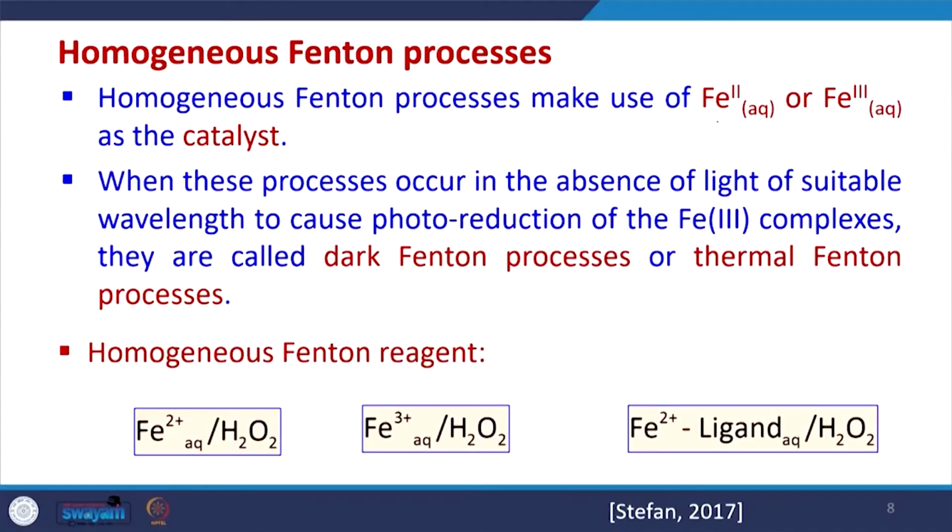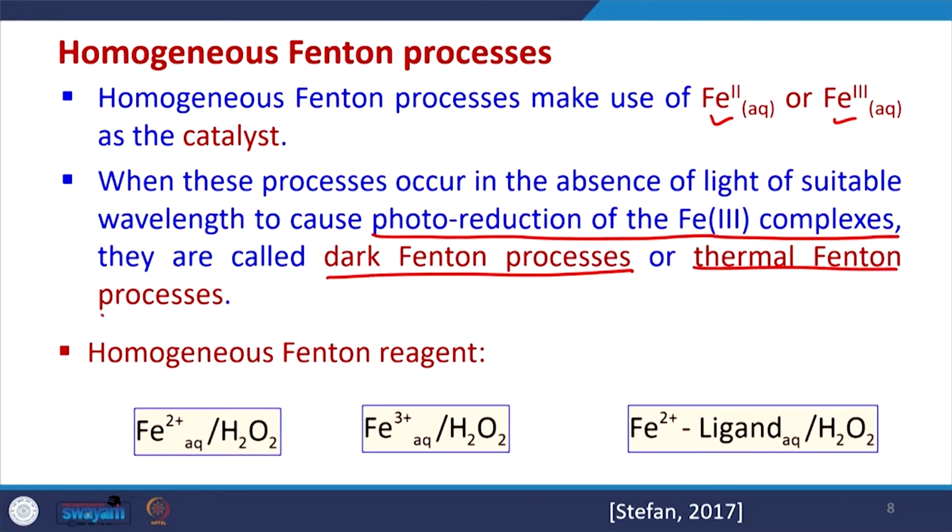Now, homogeneous Fenton processes make use of iron 2 or iron 3 in the aqueous phase as a catalyst. When these processes occur in the absence of suitable wavelength light to cause photoreduction of Fe3+ complexes, they are called dark Fenton processes or thermal Fenton processes.